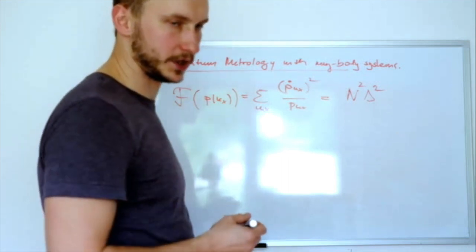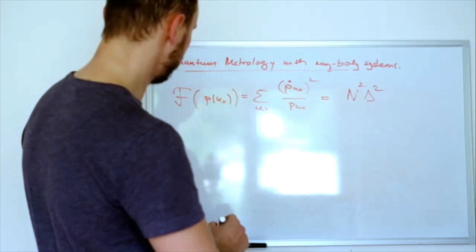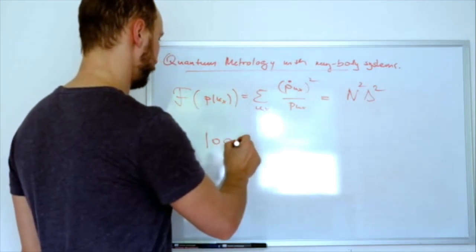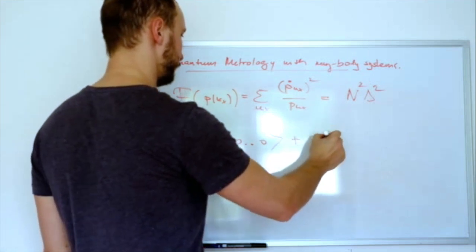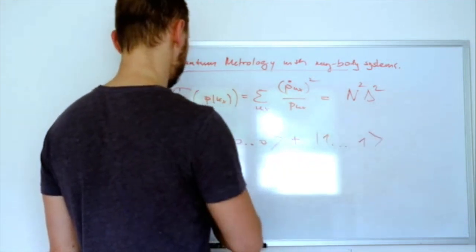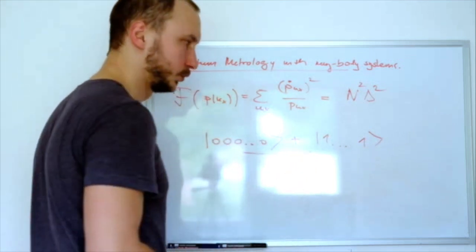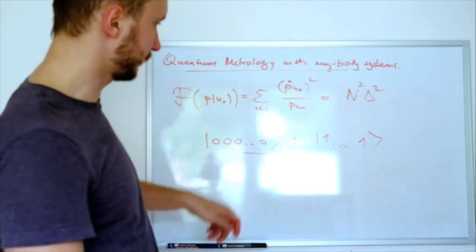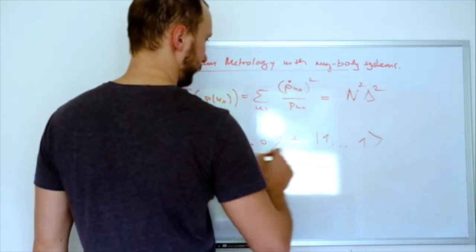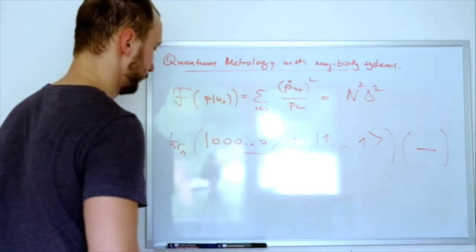Now, the problem with GHZ states is that they're very fragile. For example, let's take a GHZ state, 1 over root 2, and let's say we lose one particle. Do you see what the state will be if you lose the first particle? We take the state and trace out the first particle.